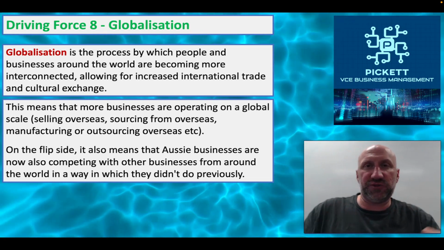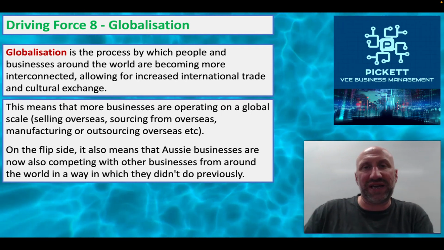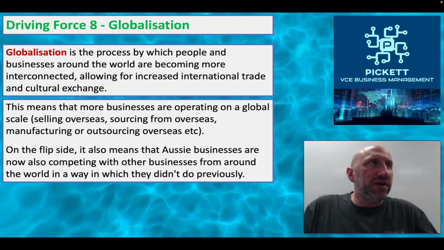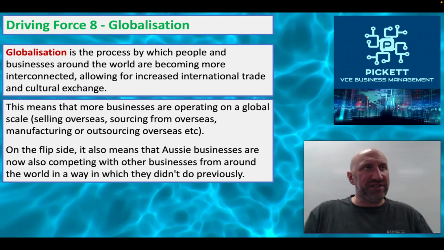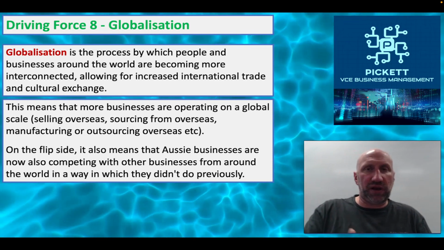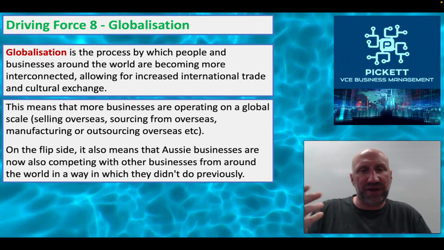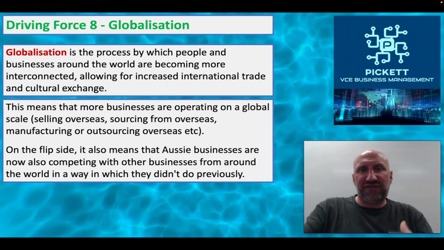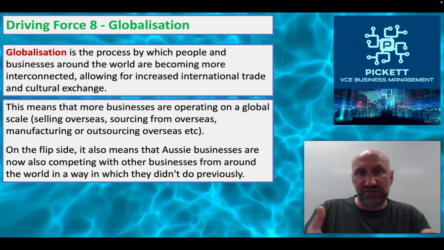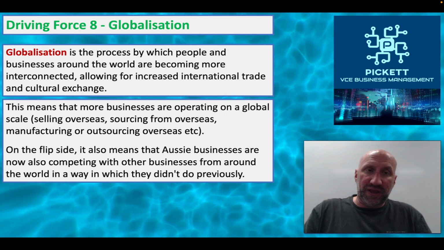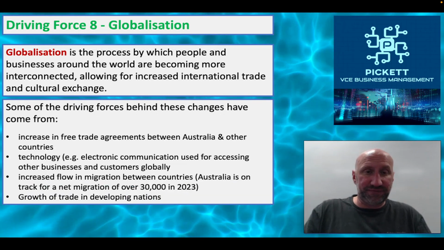Again, I was talking about this just before, a local retailer that is selling a non-perishable good. You're pretty much competing with the rest of the world now, because people can go and buy stuff from anywhere very easily with a few clicks on Amazon, eBay, or whatever. So there are definitely some advantages and disadvantages. There are both sides to this whole idea of globalisation in business, from a business's perspective.